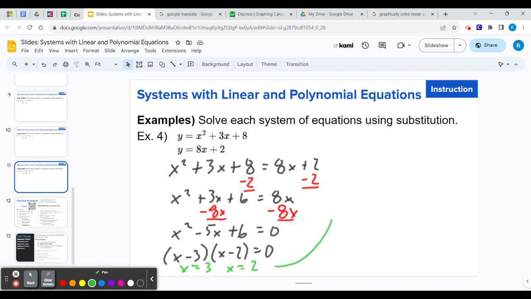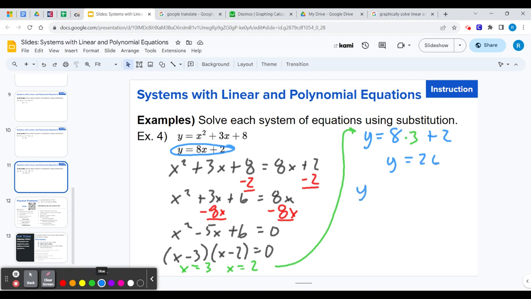We're then going to have to plug it back in, which I'll do on the side here using my y equals 8x plus 2 equation. So we get y equals 8 times 3 plus 2. So in that case, we get y equals 26.